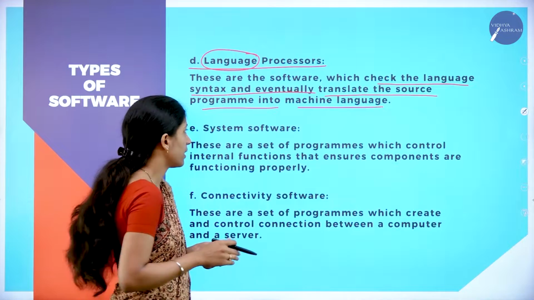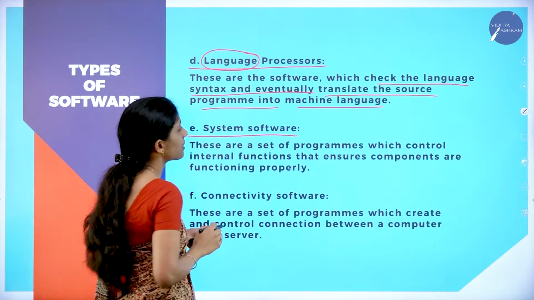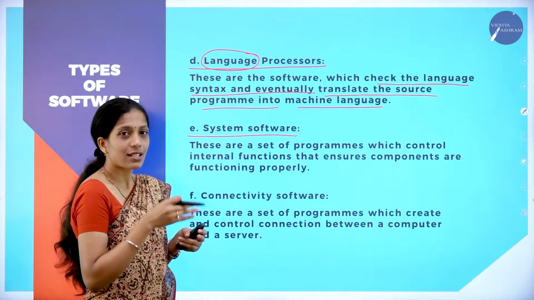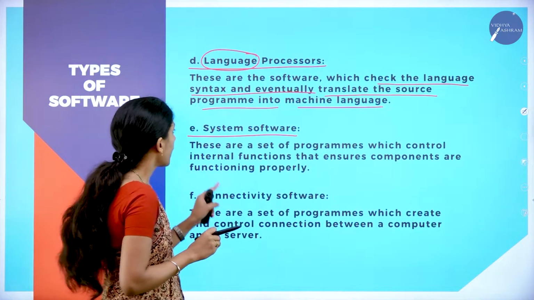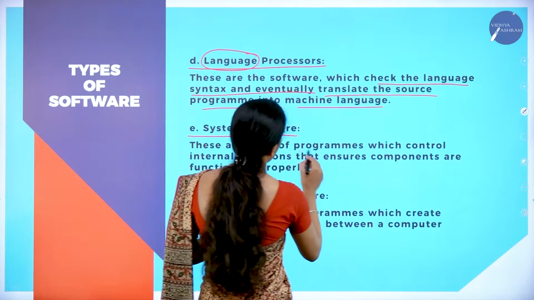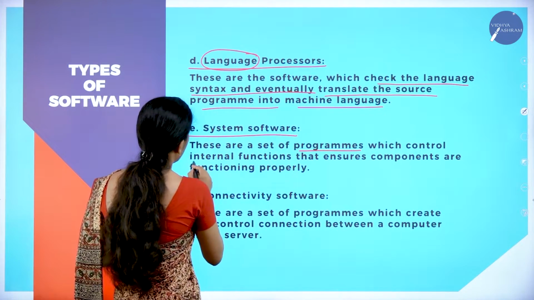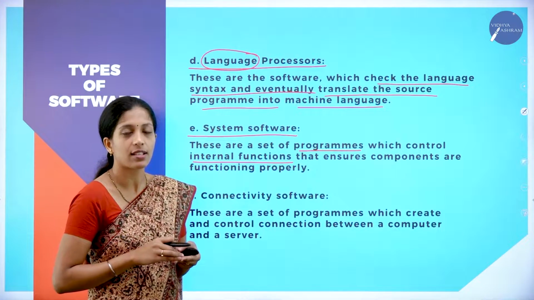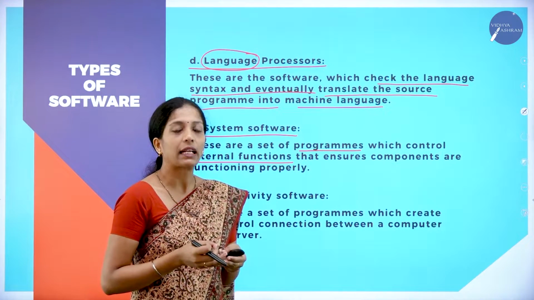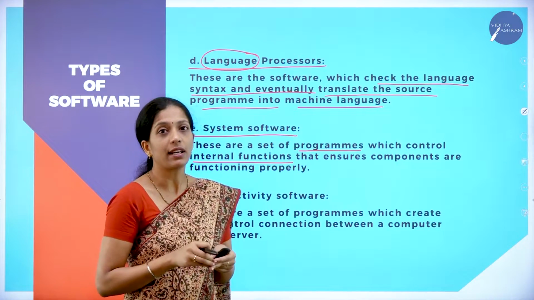Language processors. Next one is system software. These are the software which is there in the system. These are the set of programs which control internal functions, in order to do the activities in the computer internally.